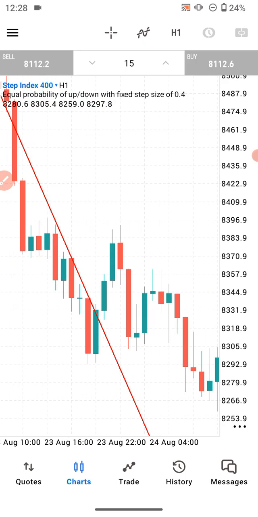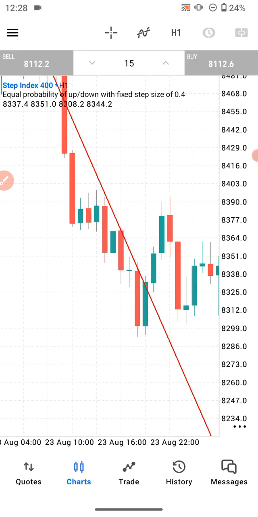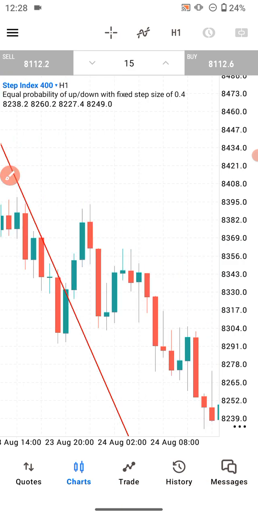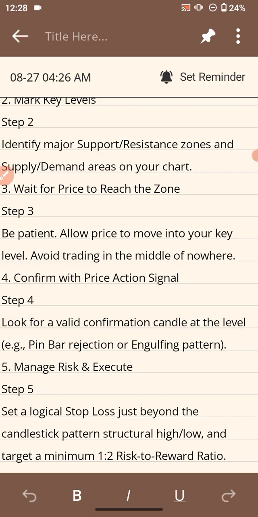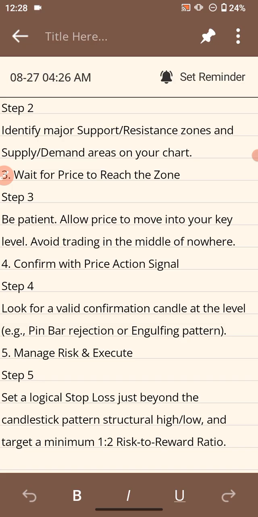I showed you where the entry was. This could have been another area. This is a pin bar. I could have also taken a trade here and made my profit 1:2 with a pin bar candle. So you can see that we met all the criteria and executed a trade that went into profit using this back testing for what we just taught you today.